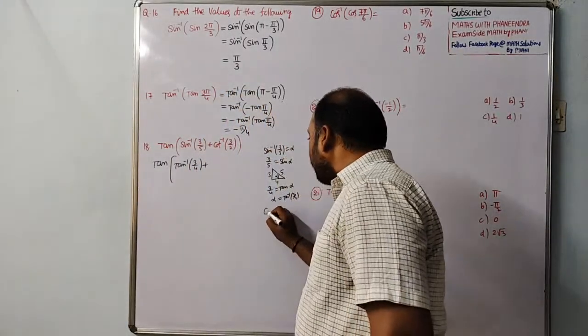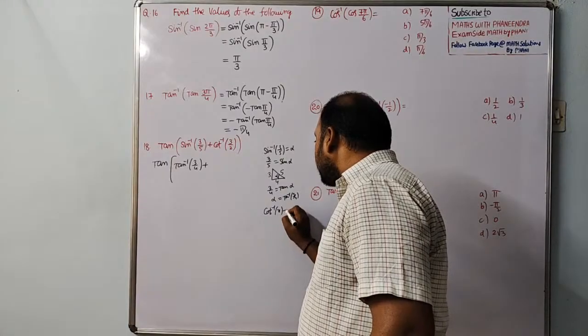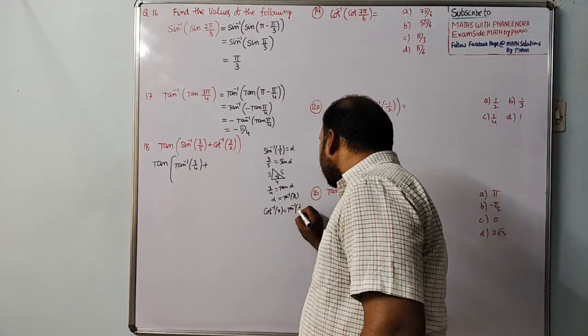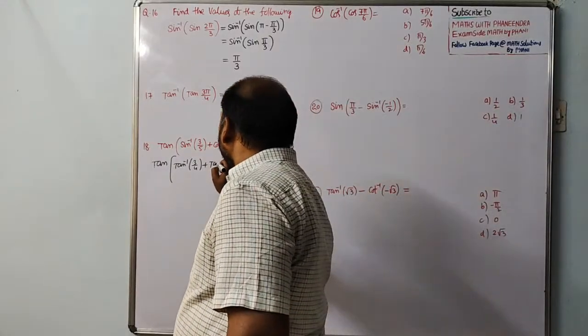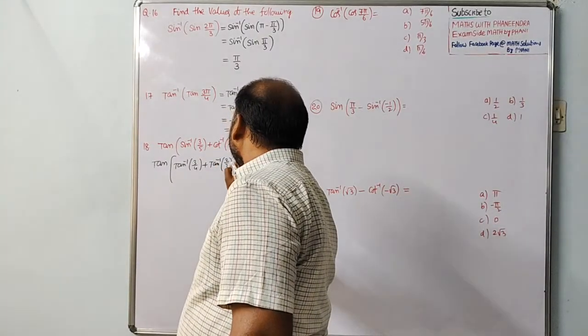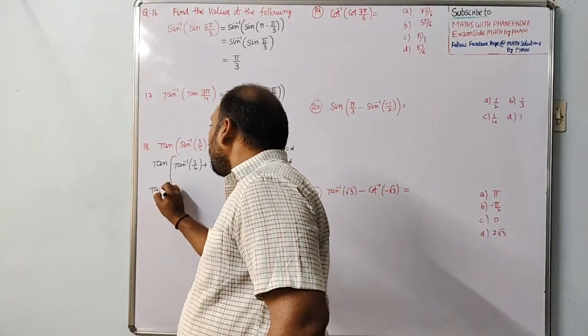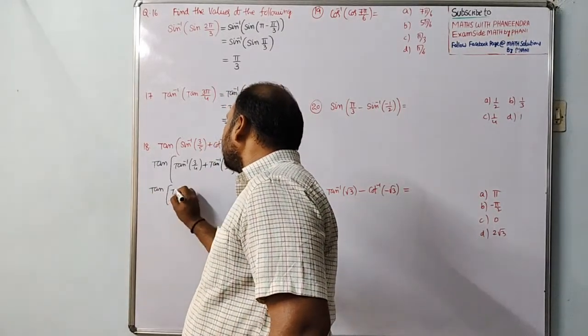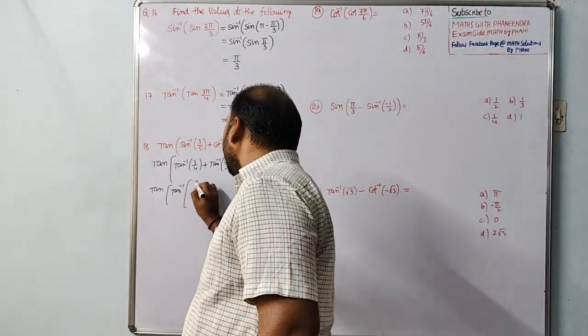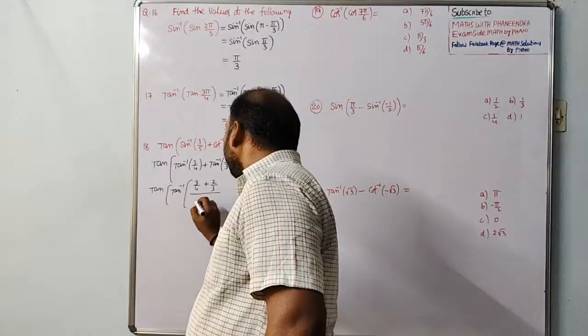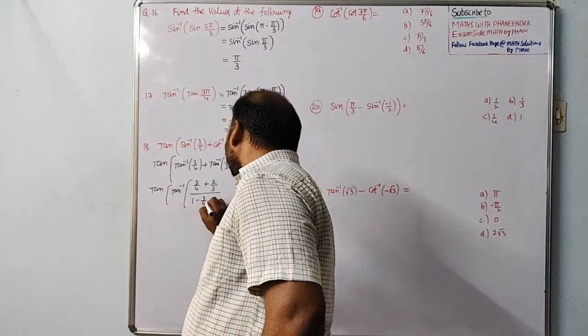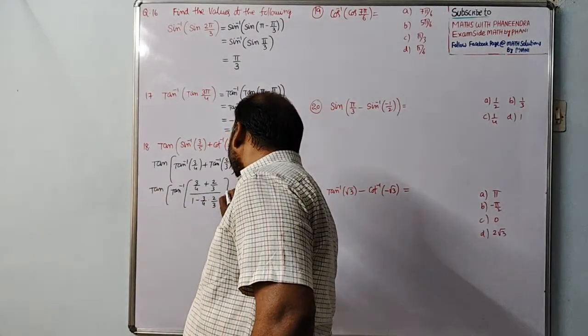We know the formula for that. Cot inverse of x is equal to tan inverse of 1 by x. So tan inverse of 2 by 3. So tan inverse x plus tan inverse y is tan inverse of x plus y by 1 minus xy. Tan inverse of 3 by 4 plus 2 by 3 divided by 1 minus 3 by 4 into 2 by 3.